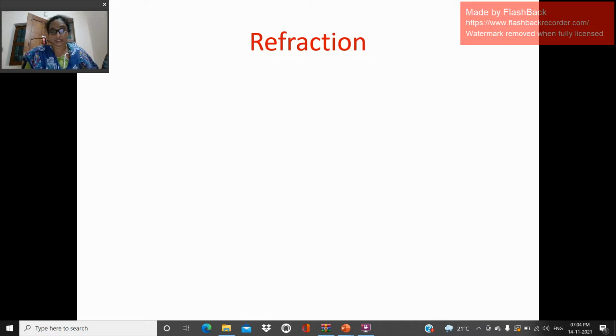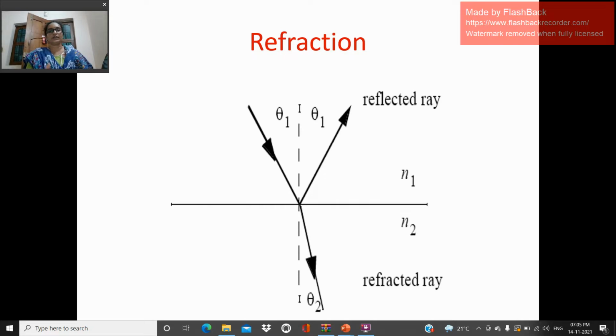Then what is refraction? Simply, the light is incident on a dielectric material, and it is refracted or bent, traveling into another medium with a change in angle, with the bending of the ray. That is termed as refraction. Here the middle line is referred to as the reference line or interface of the dielectric material, and n1 and n2 are the two refractive indices.